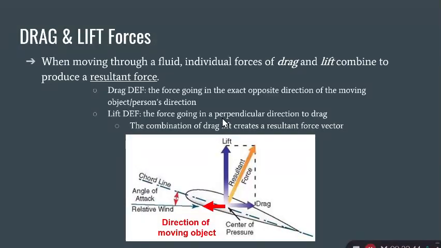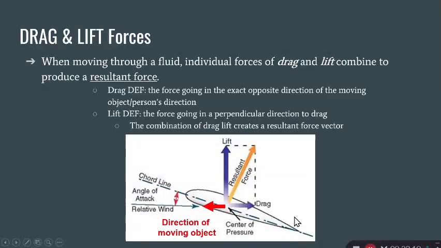Okay? And the combination of those forces is going to create a resultant force vector, thinking back to a few chapters ago. So, for example here, this is a plane's wing. We're looking at this plane's wing from the side, so we're looking into the tip of the wing. So this plane is going in this direction, to the left.